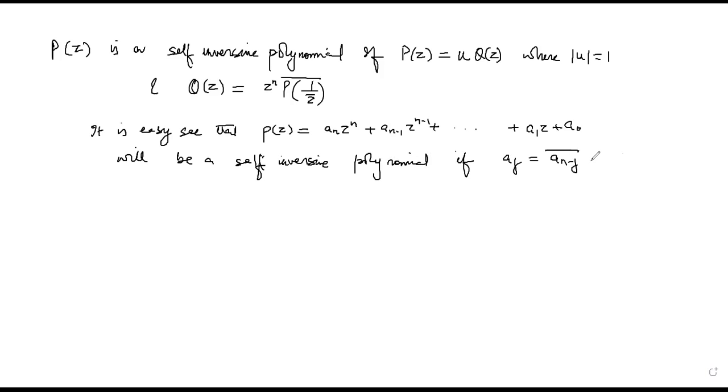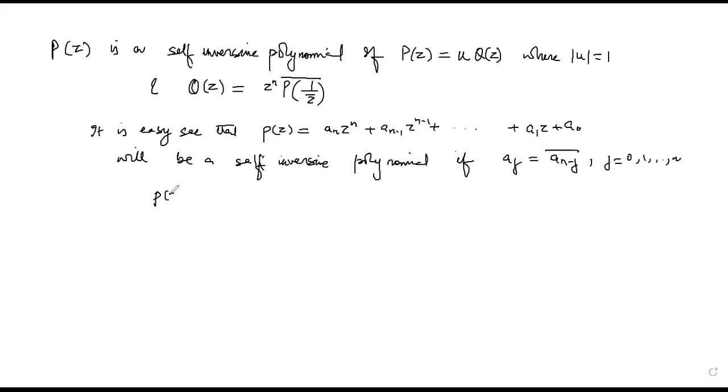You can easily check that, of course, j running from, of course, 0, 1. क्योंकि इसमें coefficients switch हो जाते हैं ना और conjugation भी हो जाता है उनको. So you can check if this is true, then q of z must be self-inverse, or p of z must be self-inverse.